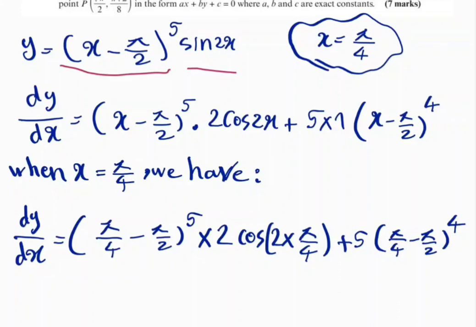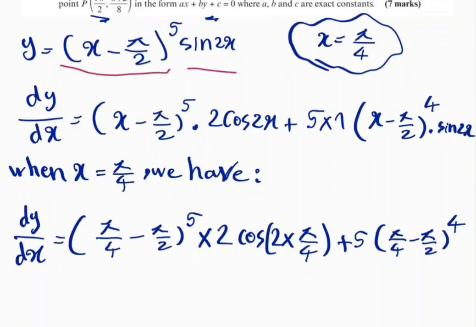I just realized that I forgot to write sine 2x here, because that's part of our differentiation. For the second bit, I should have written the derivative of the first function, which is this, times the second function, which is this. So yeah, I forgot to write sine 2x.